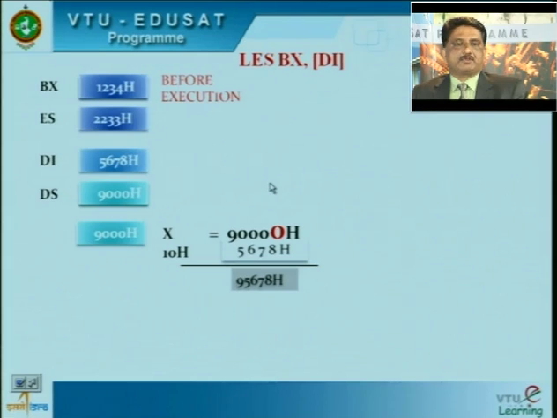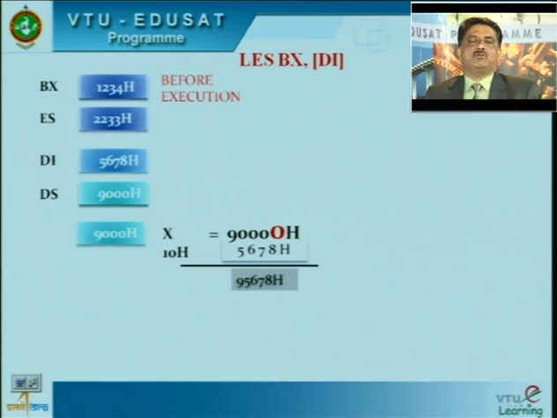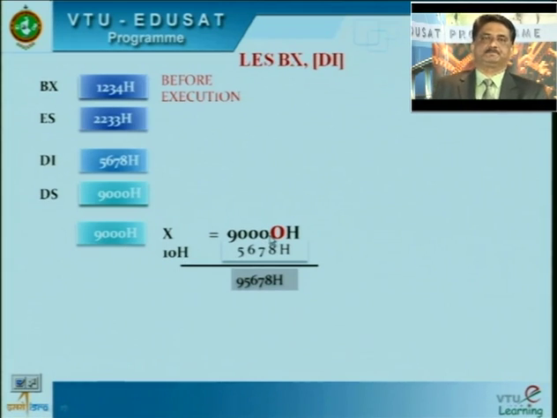Before execution, what is my scenario? BX has 1234, ES has 2233, DI has 5678, and DS is 9000. Now this segment base is multiplied with 10H, I get 90000. When you multiply 9000 by 10, I get 90000.